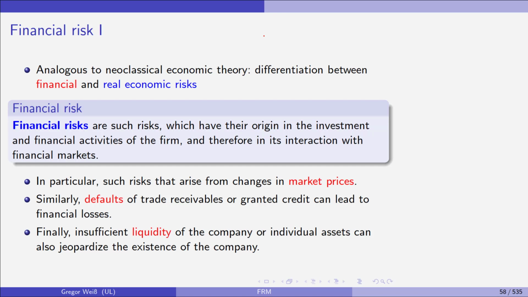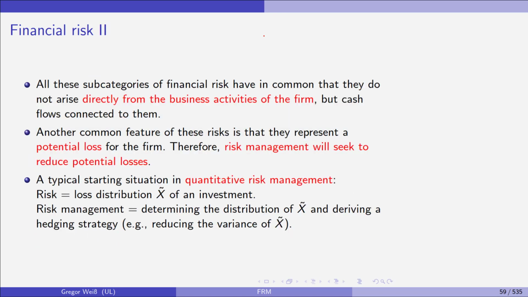It doesn't need to be a financial institution, it can be any company. If that is the case, then you are illiquid and you have liquidity risk. So we can already see within the area of financial risk, we have many different types of risk: market price, credit, liquidity, and we will see some additional risk in this category.